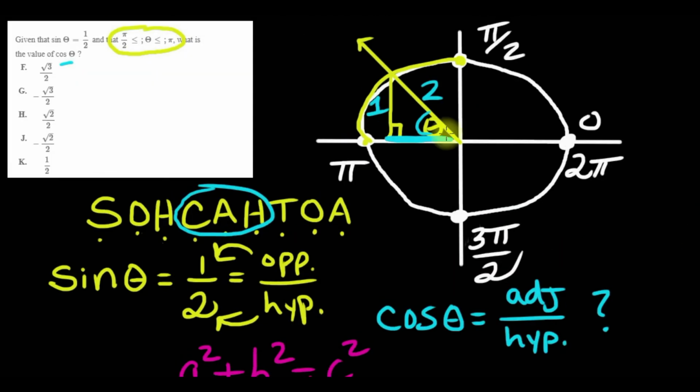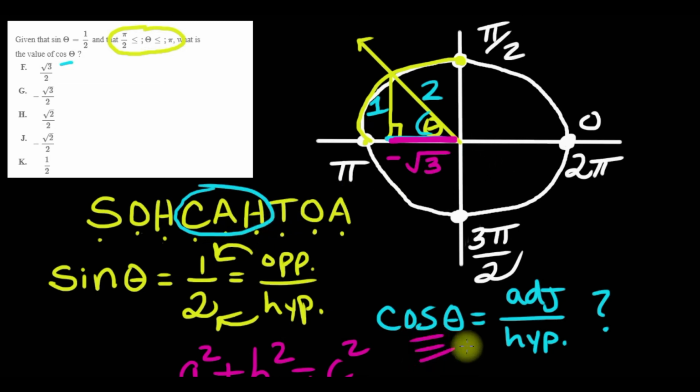And we're going to label this side right here, the adjacent side, as square root of 3. Well, we're going to make it negative square root of 3 because on this side of the x-axis, it's a negative number, right? So that would be negative square root of 3.